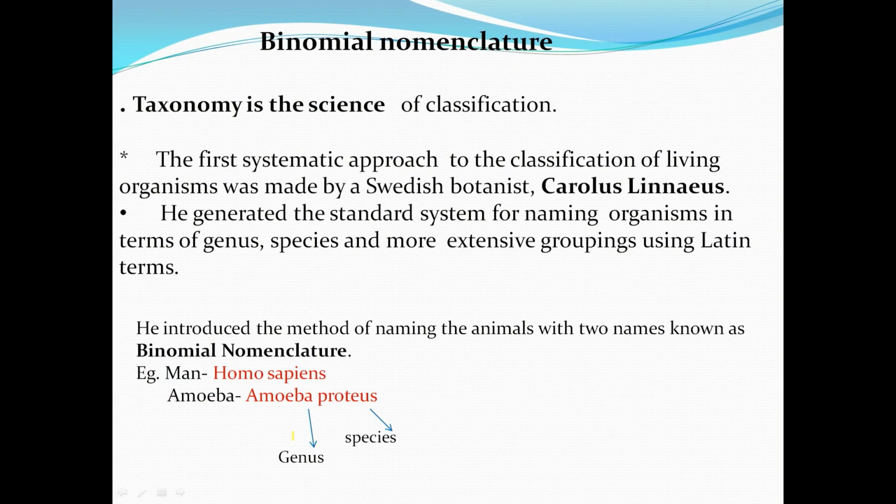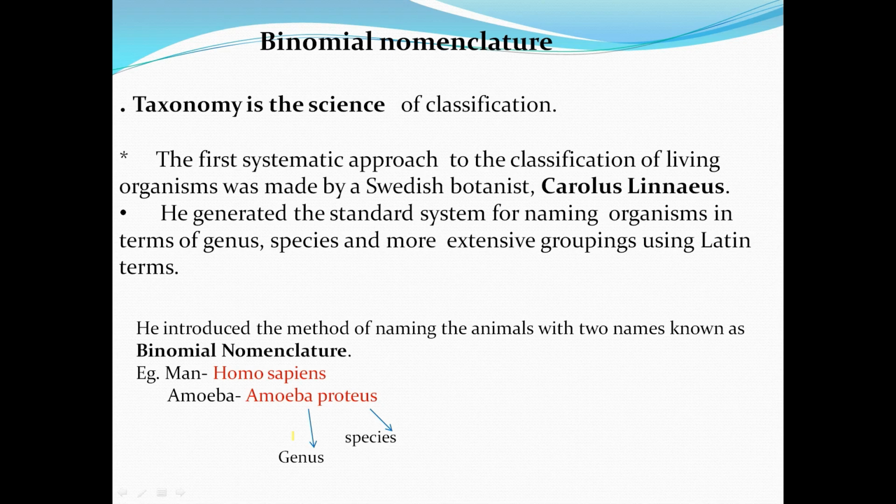Now, what is taxonomy? Taxonomy is the science of classification. The first systematic approach to the classification of living organisms was made by a Swedish botanist, Carolus Linnaeus. Carolus Linnaeus generated a standard system of naming organisms in terms of genus, species, and more extensive groupings using Latin terms.